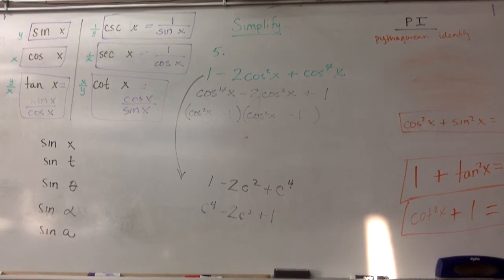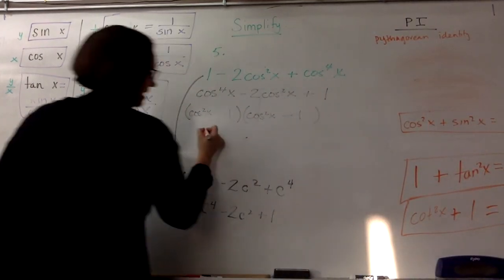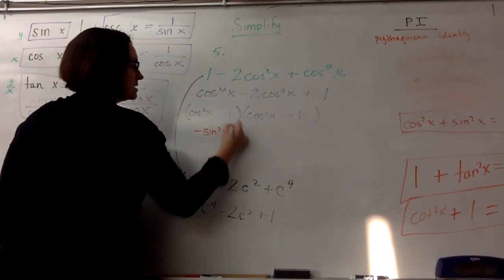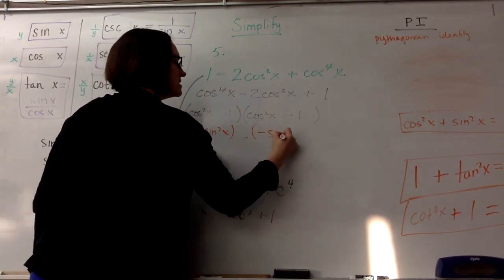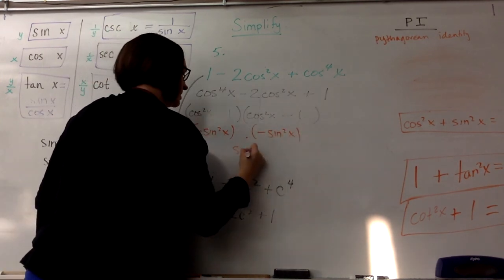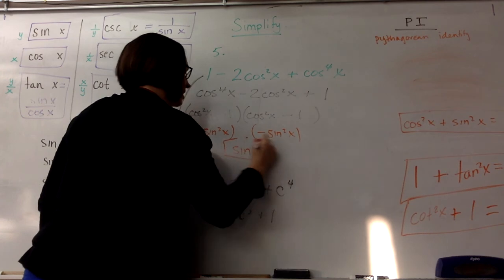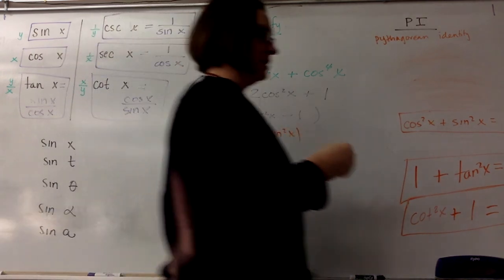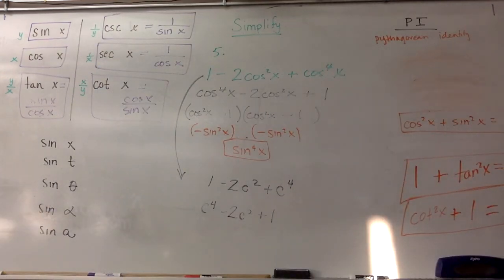So I've got cosine squared x minus 1 is equal to, move this to the right, negative sine squared x. So over here, these are my Pythagorean identities. Negative sine squared x, negative sine squared x, which leaves me with sine to the 4th x. Yes, it becomes positive 1. Probably wouldn't matter, but this is where I have to read through all of your work, because the substitution should be with a negative.